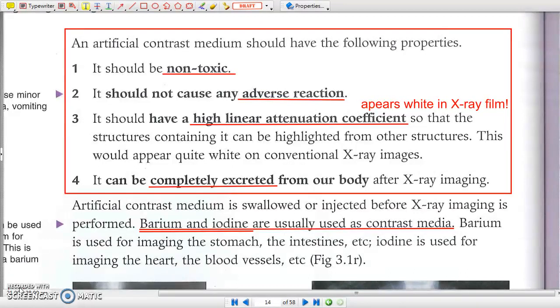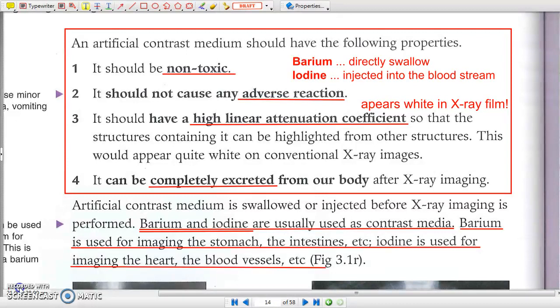Barium is usually swallowed directly and used as contrast medium for the digestive system such as stomach and intestines. Iodine, on the other hand, is injected directly into the bloodstream for X-ray imaging of the circulatory systems such as heart and blood vessels.